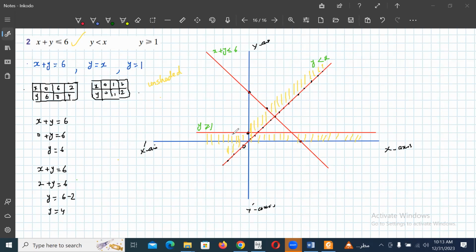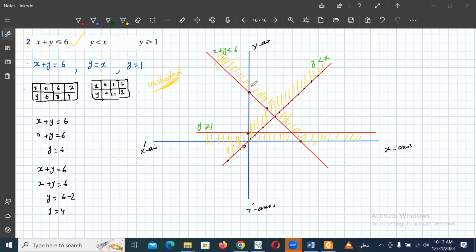And lastly, we have y plus x less than or equal to 6. That means the shaded part is down, but we are looking for unshaded, so I will leave the unshaded part up here.